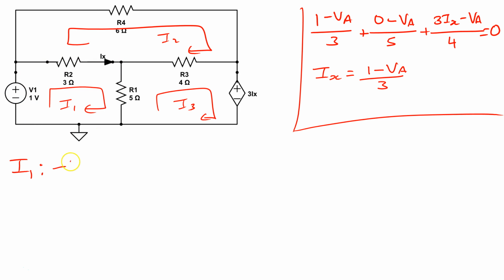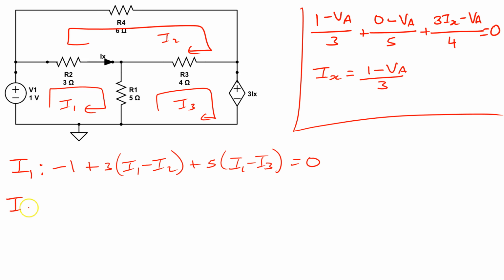So it will be minus 1 plus 3 I1 minus I2 plus 5 I1 minus I3 is equal to 0.